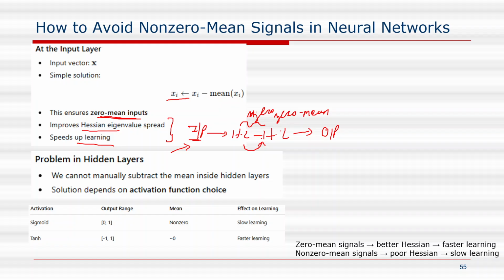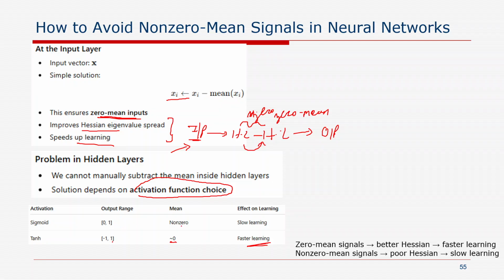To get zero mean inputs here, one solution is to use the appropriate activation functions in the hidden layers. That is, if we use tanh, then it will give a range of -1 to 1, and the mean will be approximately equal to 0, so that we will get a good spread of the Hessian eigenvalues, and then faster learning will happen.